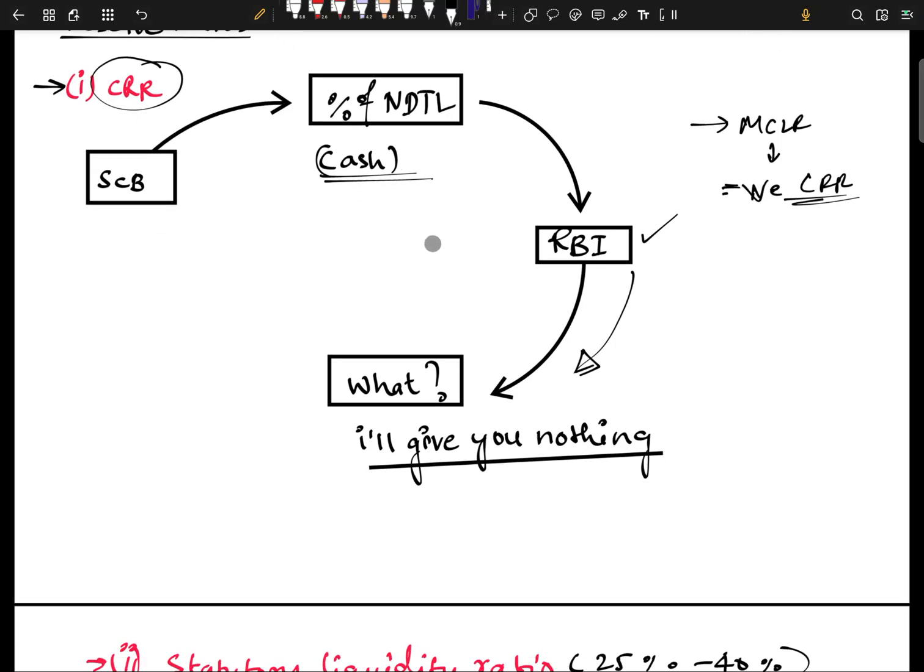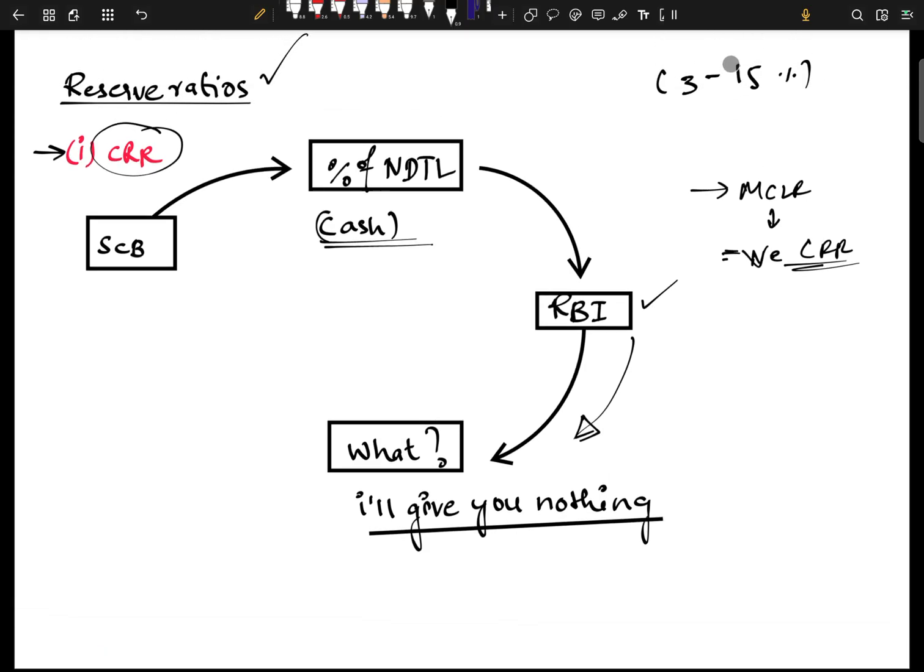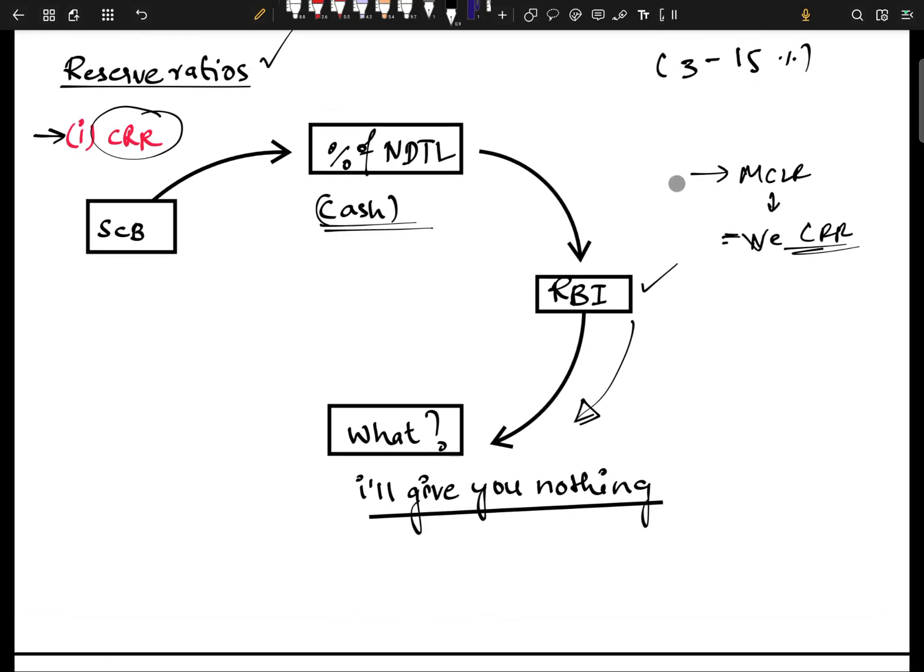Okay, how does this impact the prices in the market? Let's say RBI increases the CRR too much, like say 50% of the NDTL has to be deposited with the RBI in the form of cash, but it is not getting any interest. What do banks do?